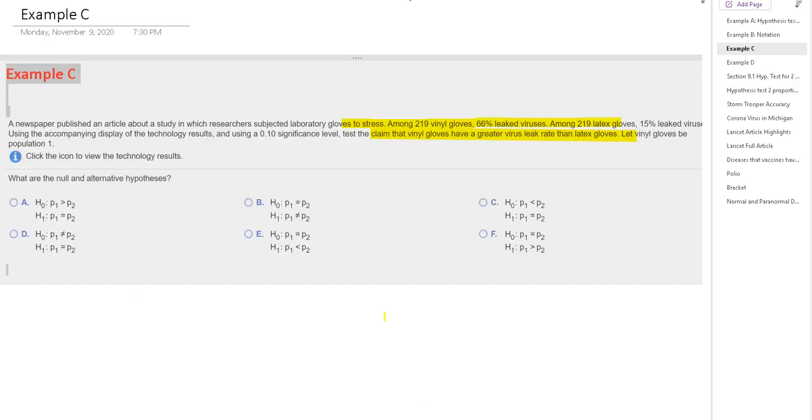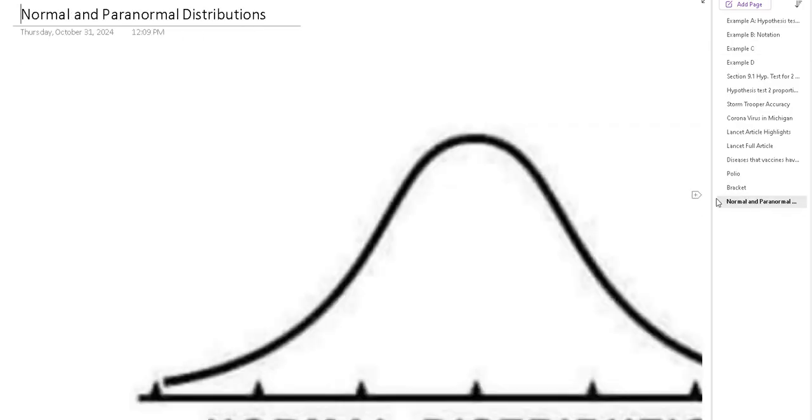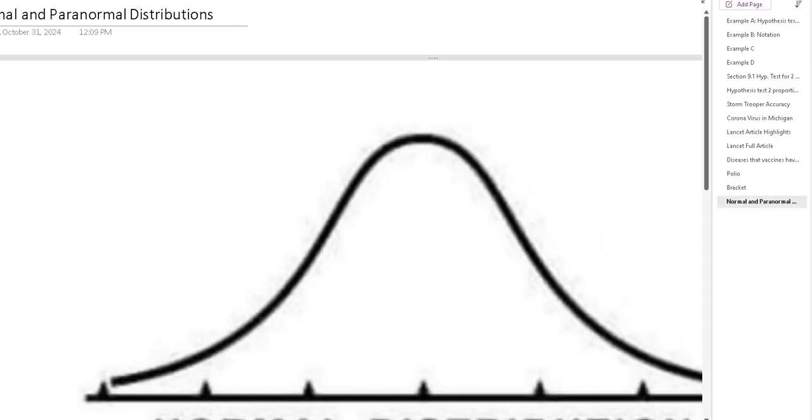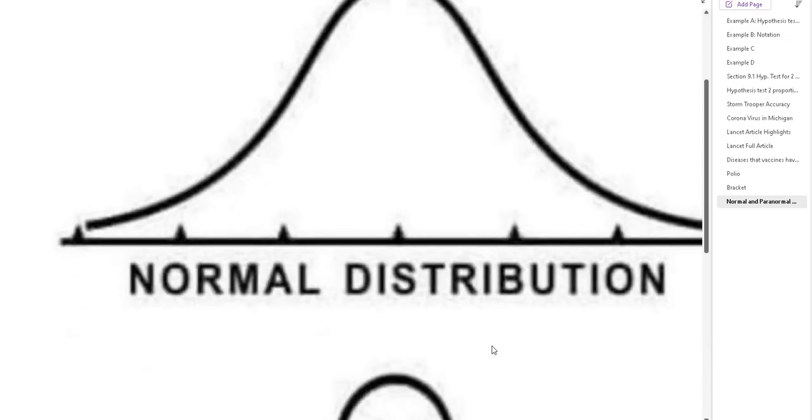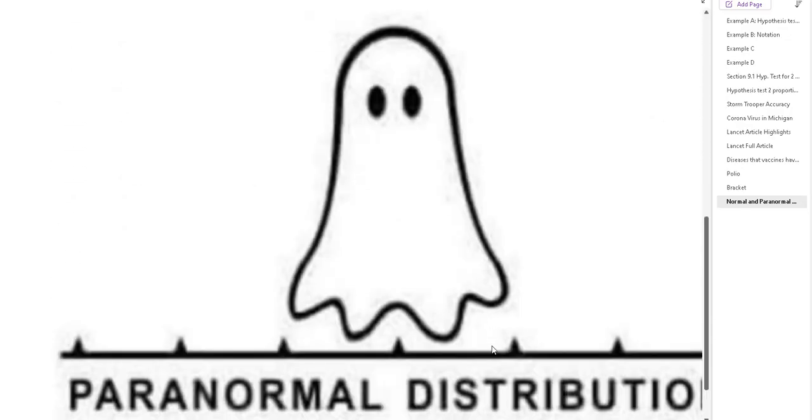If you think about distributions that we've dealt with, we dealt with the t-distribution, the chi-square distribution, the normal distribution, the binomial distribution. I want to add one more to that. So here's our normal distribution. I'm going to introduce to you the paranormal distribution.